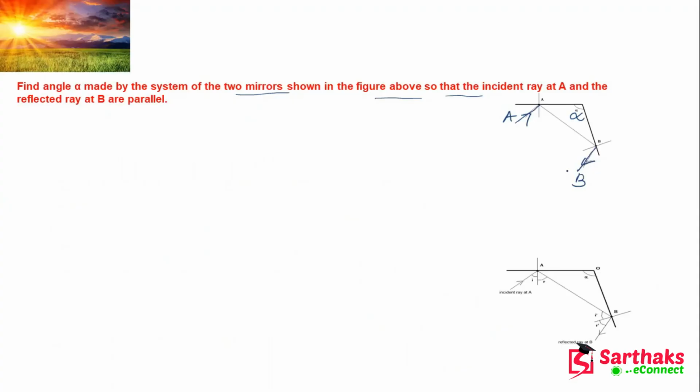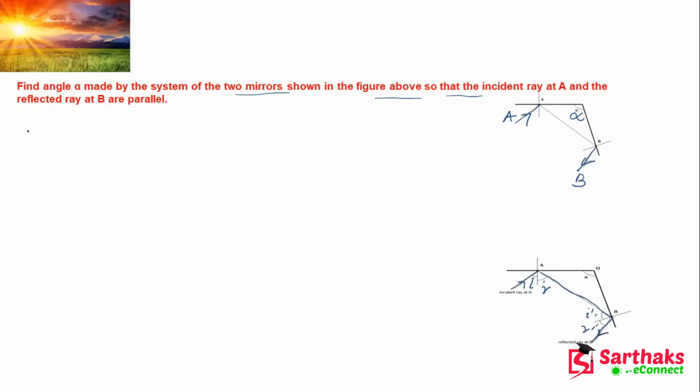For the incident ray at A and the reflected ray at B to be parallel, the angles here, if this is I and this is I prime, this is R prime, and this is our I, this is our R. So here you have the angle of incidence, here you have this line, and then this will be the reflected ray.